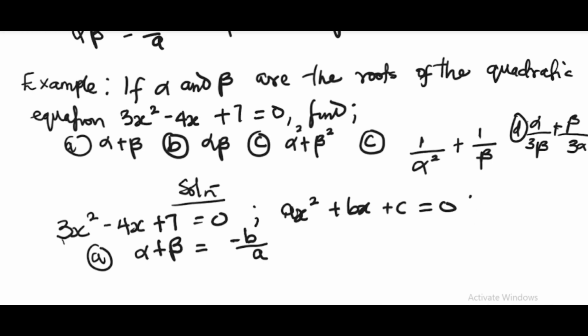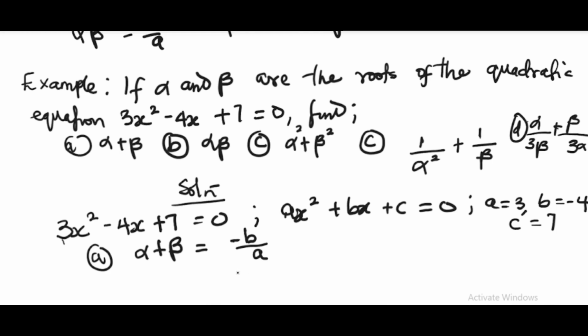I think it's important we write down: a is 3, b is -4, and c is 7. Writing it out makes it easier for us to input the numbers. Also be careful with the signs, because if you don't write it out, someone in a hurry might write b as 4, not seeing the negative sign.